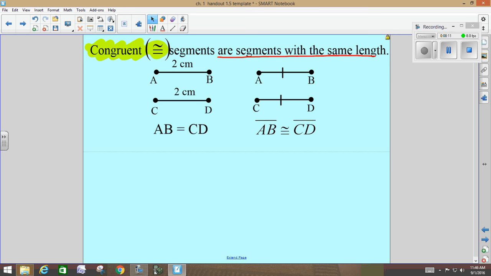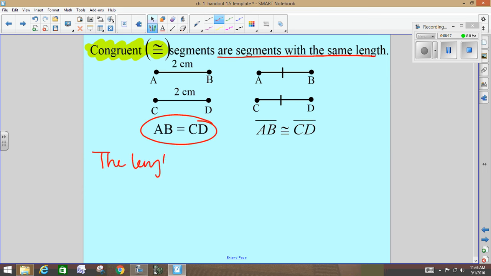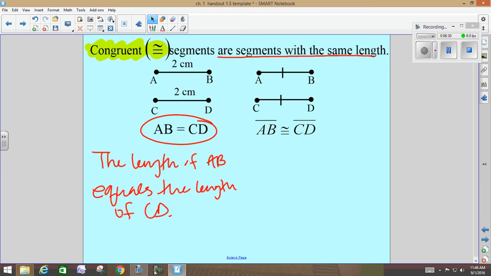This math sentence is read, the length of AB equals the length of CD. When there is no symbol on the top, then you're talking about the length.